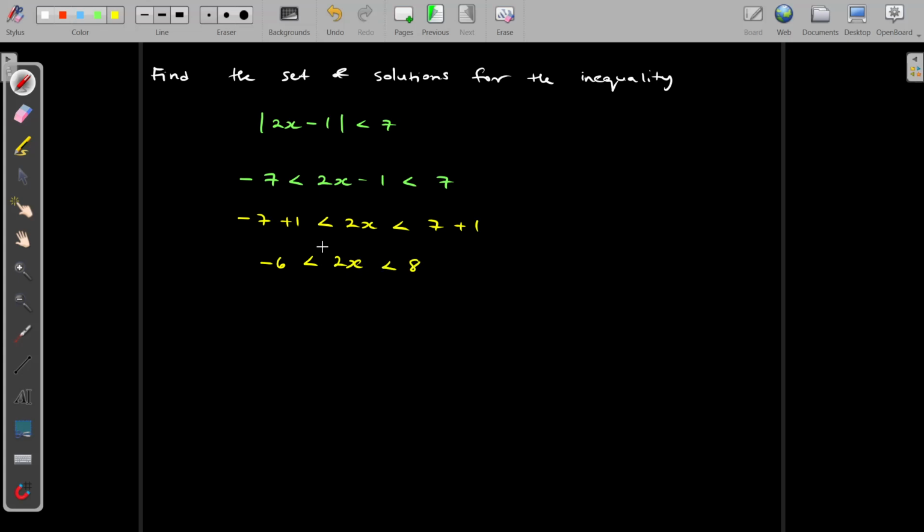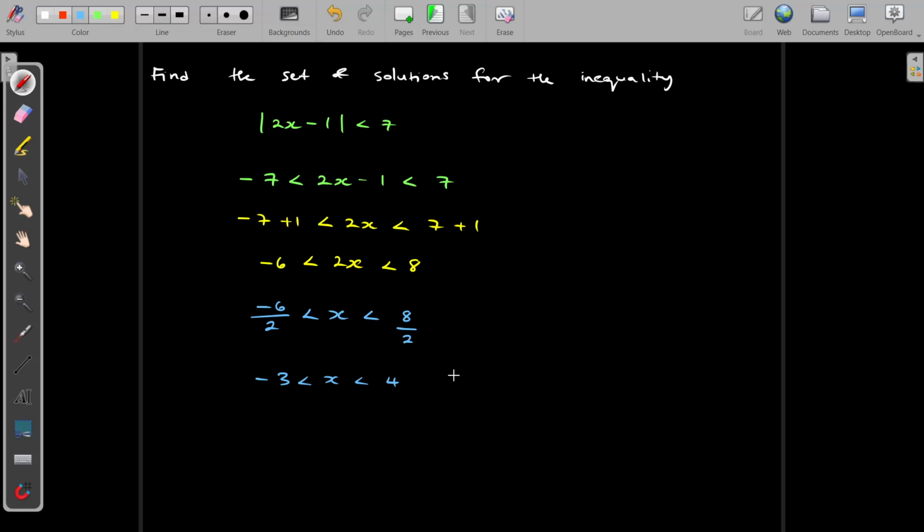And to get rid of this 2, we simply divide by 2 on all three sides. So this is negative 6 divided by 2, and that's x. 8 divided by 2, so this is negative 3, and this is 4. So this would be your solution to this question.